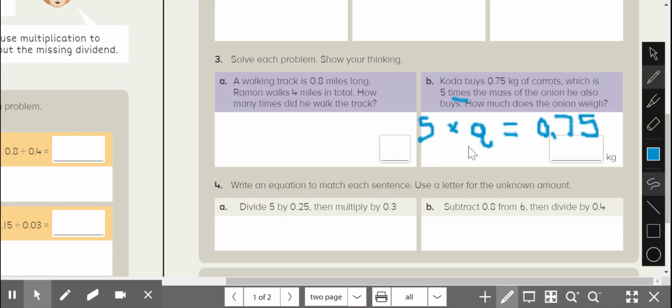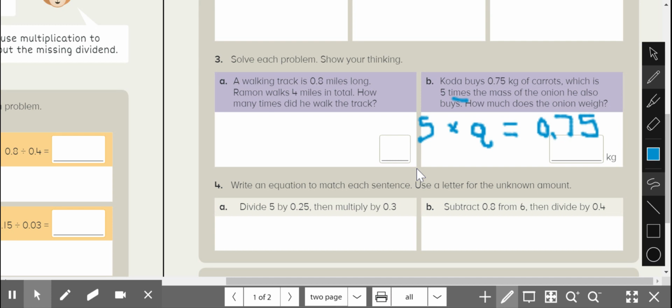So let's rewrite this. Let's think about how this would look as a division problem, and let's go from there. We could have flipped 5 and q around. The q could have gone first, and the 5 could have gone second. I just like the idea of putting it in this order. But because these are two factors, I can divide either one of these factors into this to get my answer.